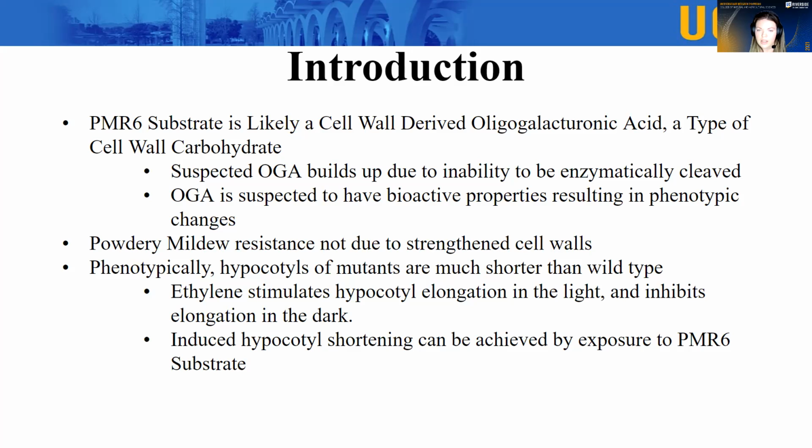So we suspect that the OGA builds up due to an inability for enzymatic cleavage. We believe that this OGA is having bioactive properties within the mutant, and that is what is causing the phenotypic changes. Previously, it was suspected that powdery mildew resistance was due to strengthened cell walls, since the mutant cannot cleave pectin, but that has been proved incorrect.